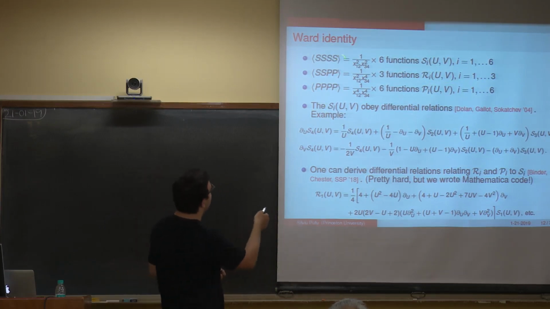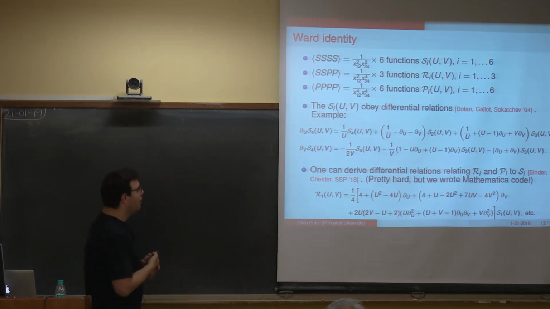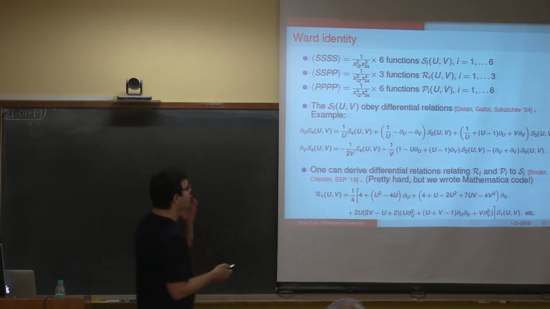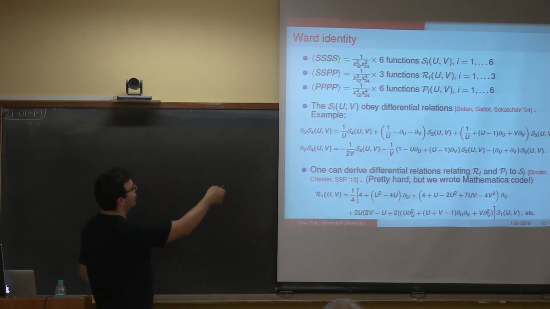The functions appearing in SSSS obey some differential relations that come from the Ward identities. For example, these are some of them. One can also figure out how the functions in SSPP and the ones in PPPP are related to the functions in SSSS.